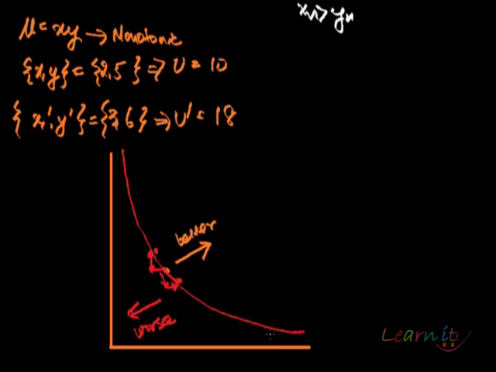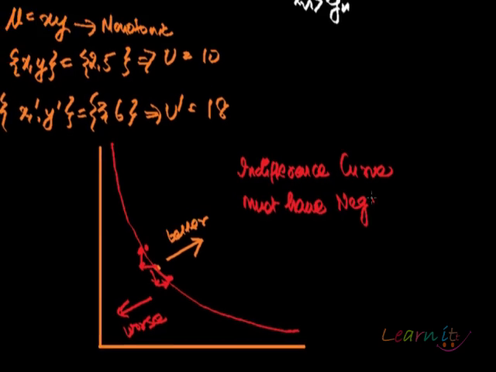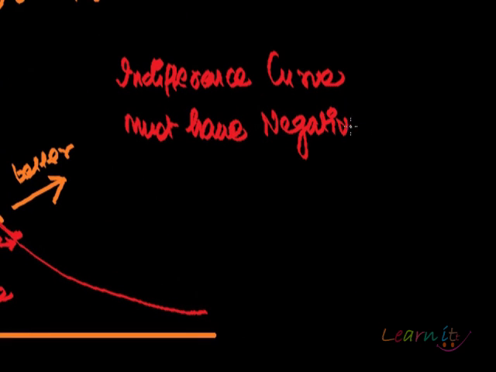So an indifference curve must have negative slope. Okay, and this is what is being implied by the monotonicity assumption. Thanks.